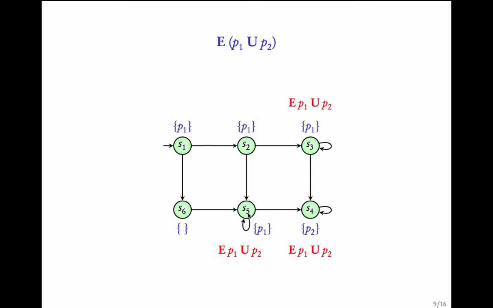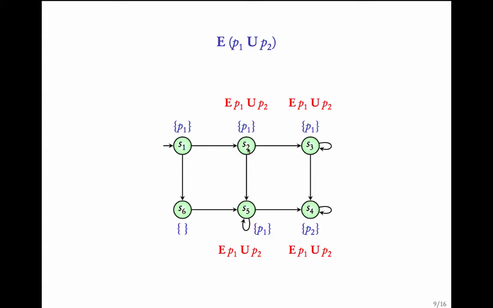Look at the predecessor of these newly labeled states. Look at S5. Look at the predecessor S2. S2 satisfies P1 and there exists a path to a state that satisfies E of P1 until P2, which means that this state will also satisfy E of P1 until P2.